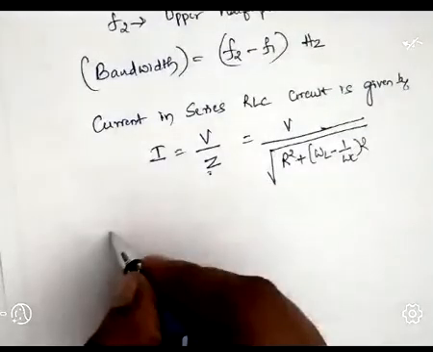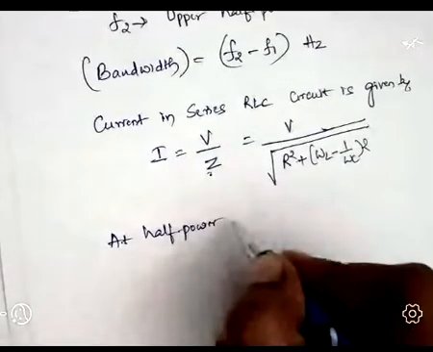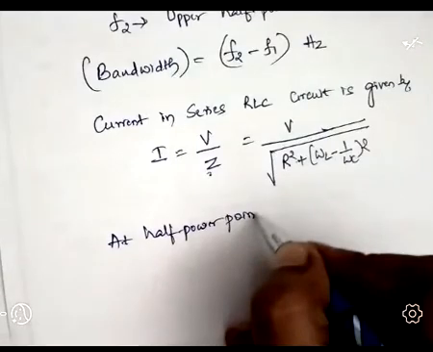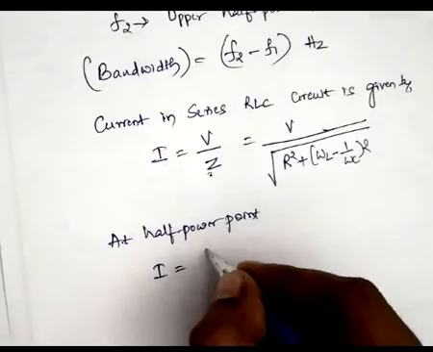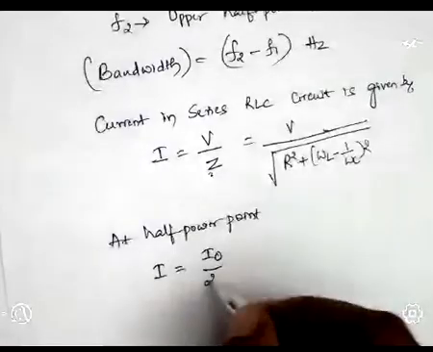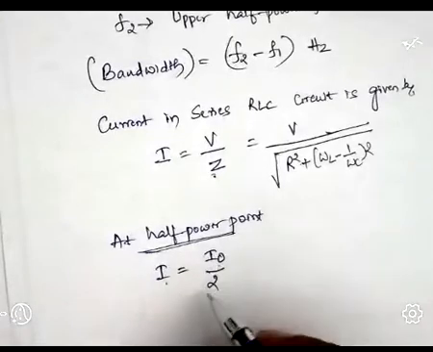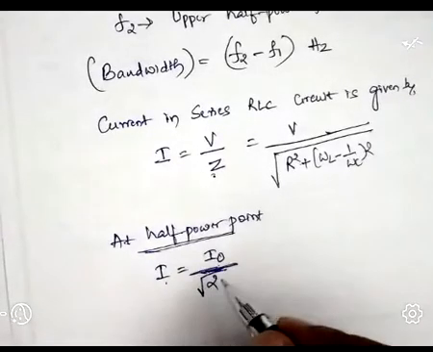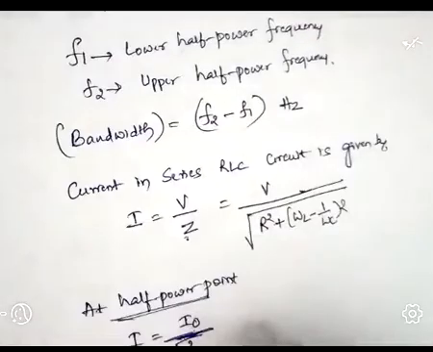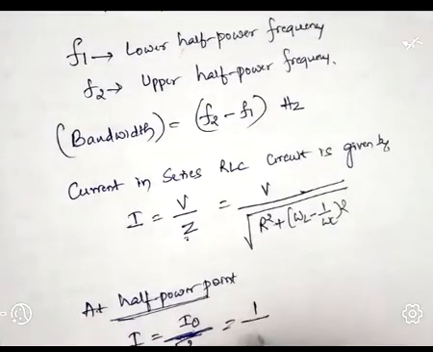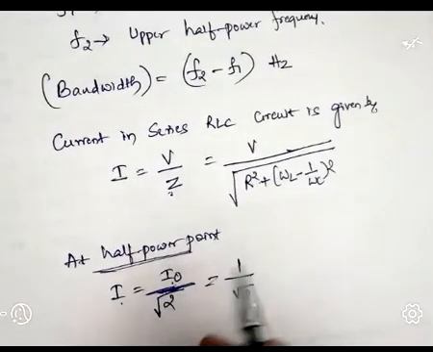Hence, at half power point, the current is 0.707 of the maximum current, that is 1 by square root of 2 times I naught, where I naught equals V by R.